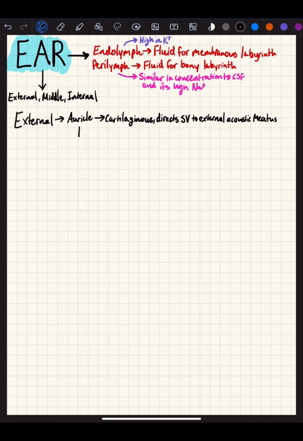After the auricle comes the external acoustic meatus. And this part, it's a lot like the auricle, except it also has a secondary function.